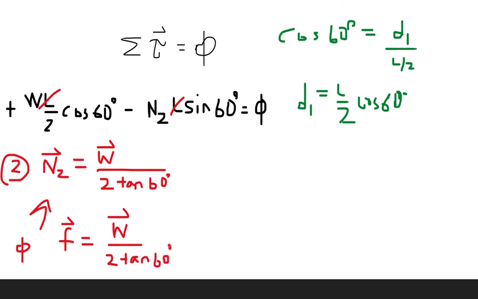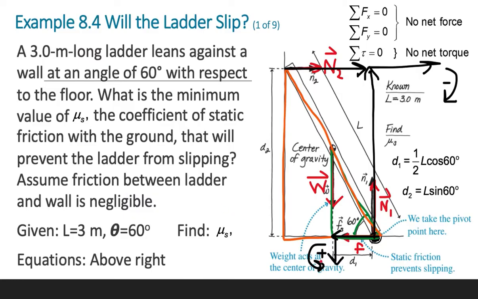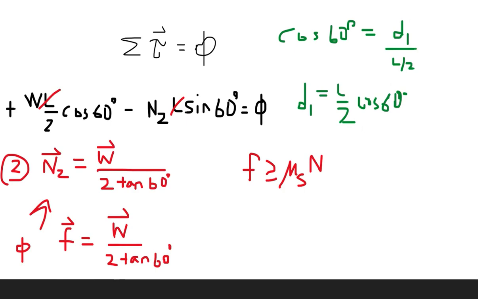One other equation we did not write down is our friction equation. Our friction force is equal to, or in this case it has to be greater than or equal to, since we want the minimum coefficient of static friction, mu s N. But this is not just any N. This N is N1. If we take a look at our picture, here is our friction force. We're talking N1 here. So we'll call that N1.